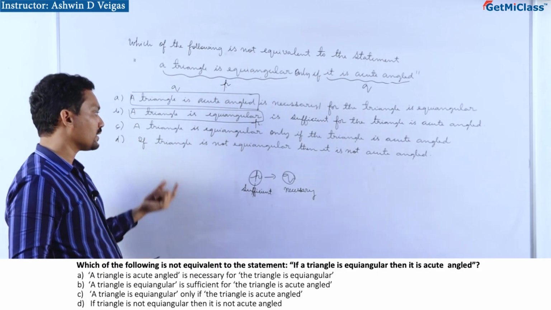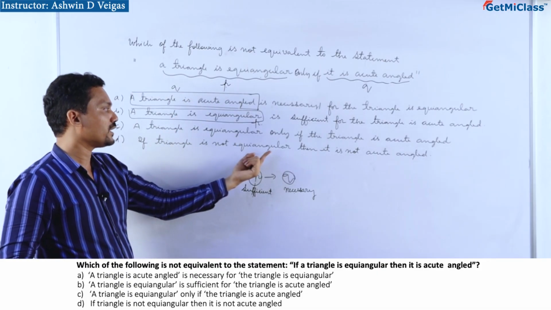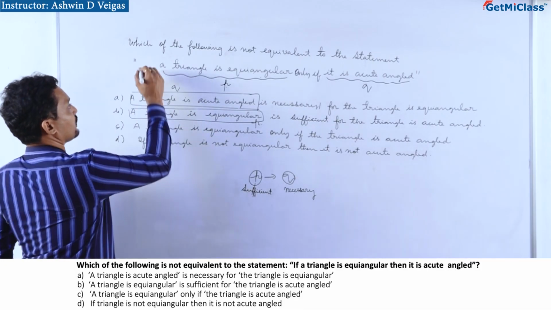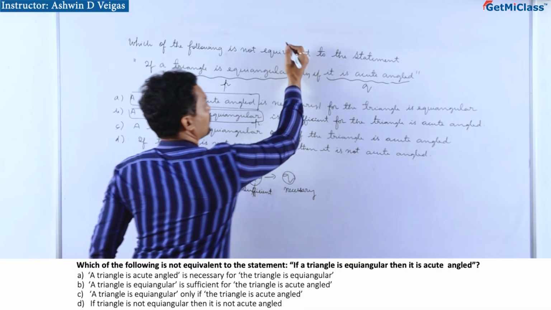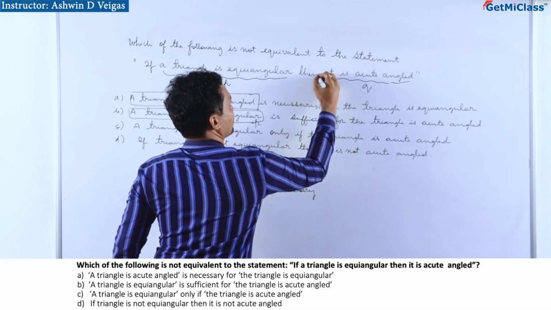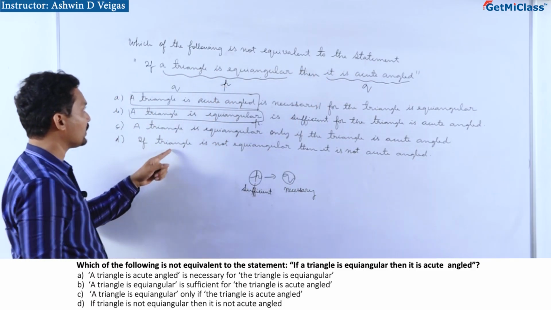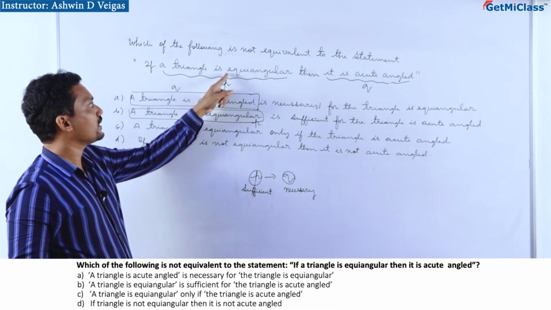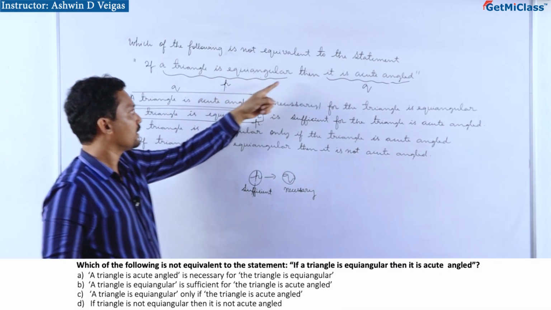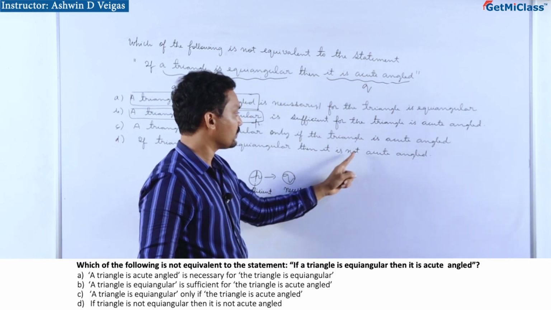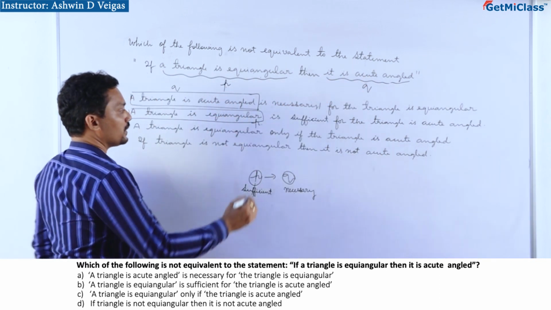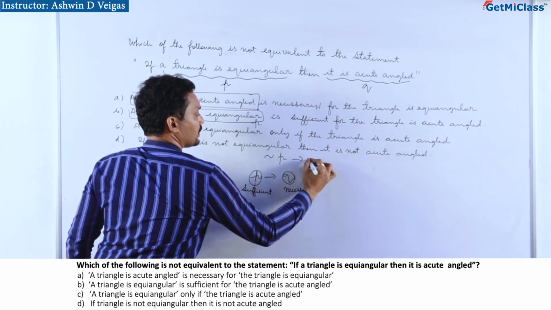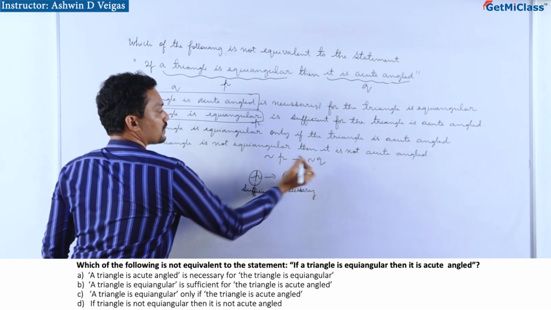That means obviously the remaining option D is not meaning the same. I will replace the sentence back. What is given here? If the triangle is not equiangular, that means they have negated P, then it is not acute angled. They have written negation P then negation Q, and this is the inverse.